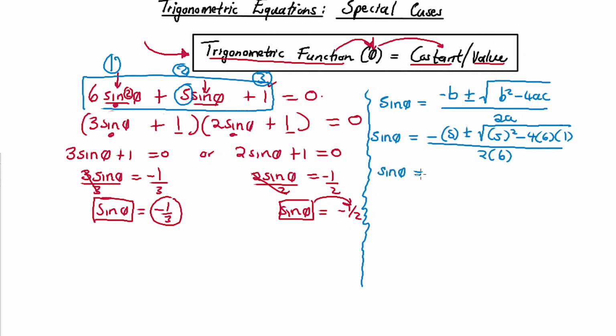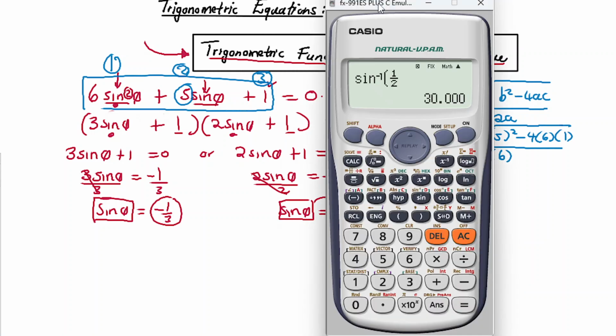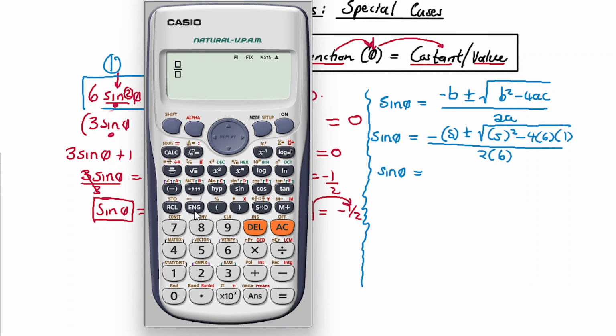Sine theta is equal to, let's solve this: open bracket, minus, open bracket, 5 plus the square root of 5 squared minus 4 times 6 times 1, close bracket, then I have a 2 times 6.